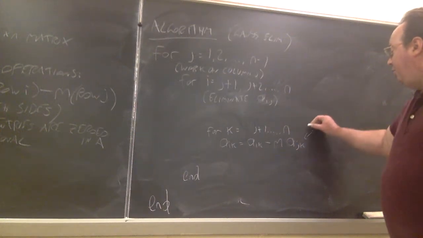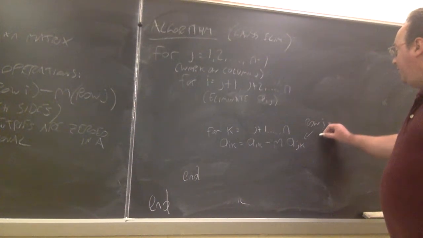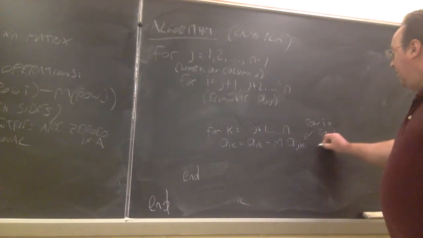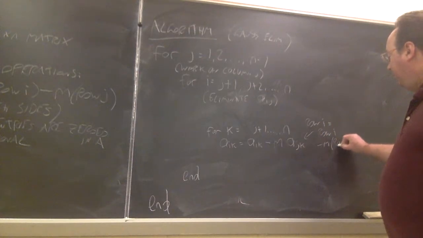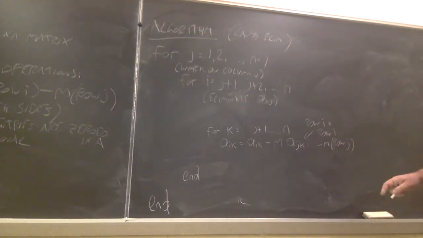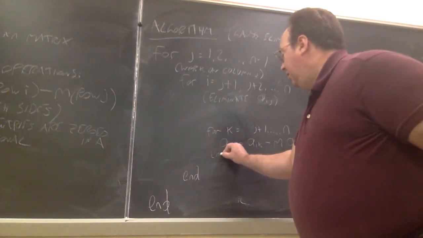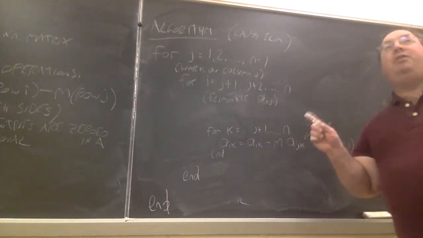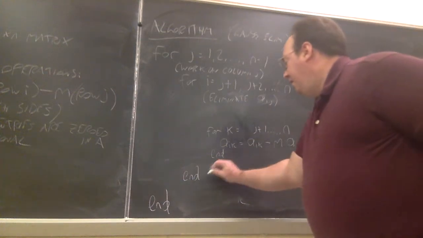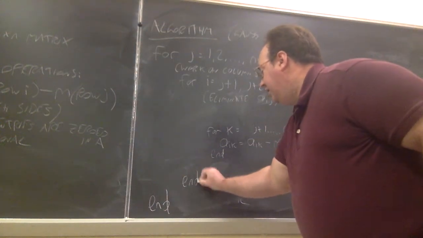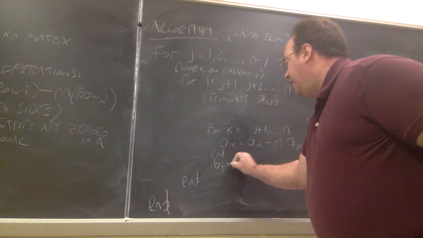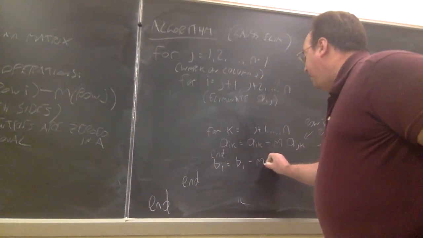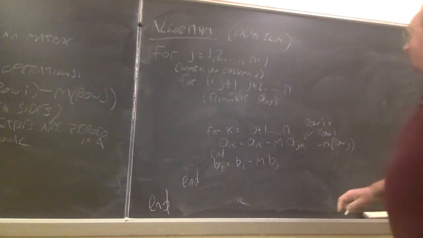So this is row i equals itself minus a multiplier m times row j. And this carries out that operation for each one element at a time. And I have to do this to both sides. So the right-hand side, b_i is equal to itself minus the same multiplier times b_j.